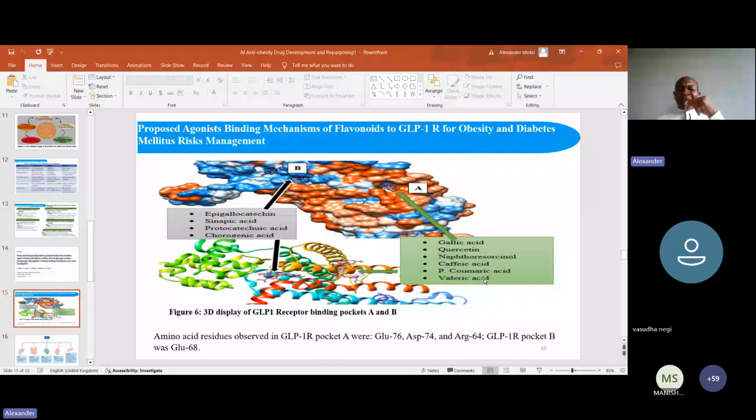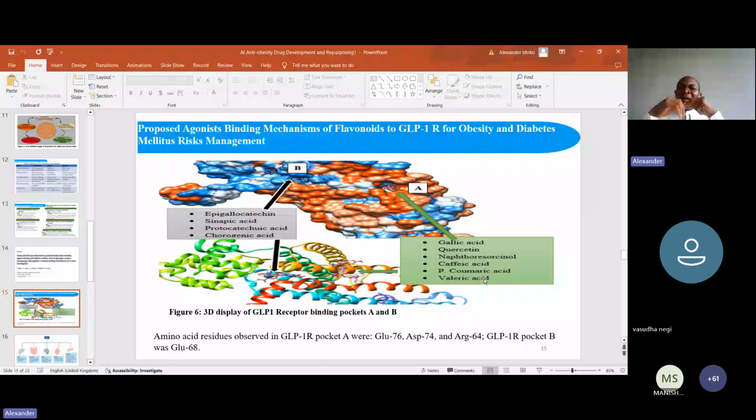And we were able to come to know that these molecules are agonists on this very protein or receptor, the GLP-1 receptor. Like for instance, in the liver, they can reduce gluconeogenesis and steatosis. They can also reduce gastric emptying and gastrointestinal motility in the intestine.